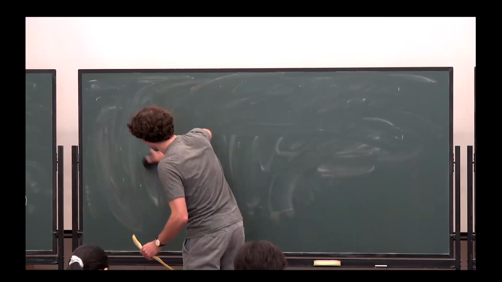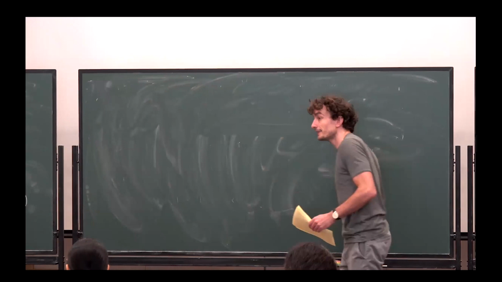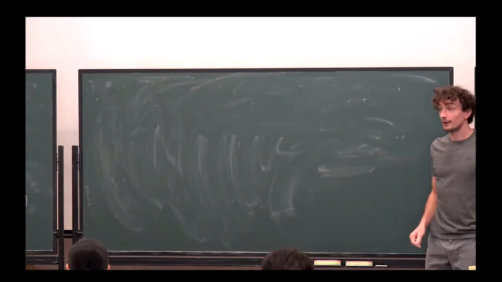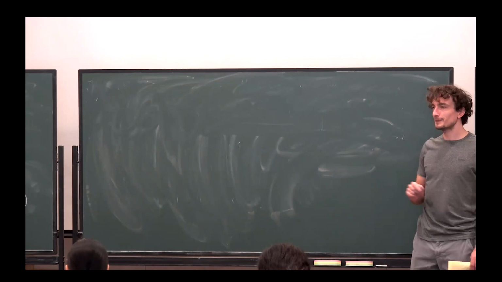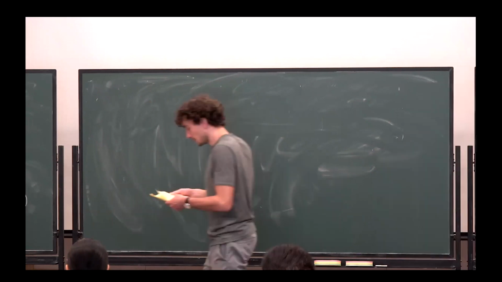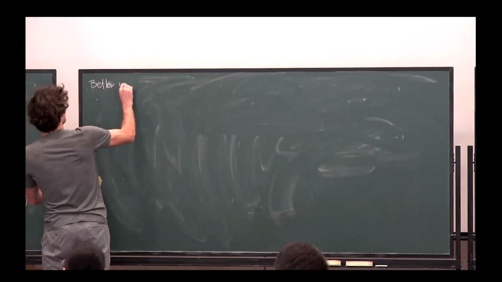So I'll now give you a second union bound argument, which will use this but will still fail. A better union bound.